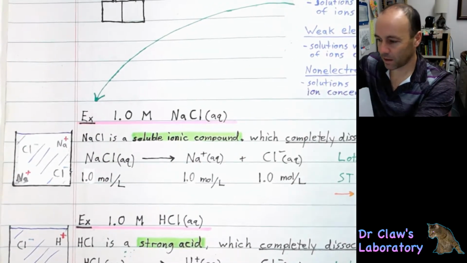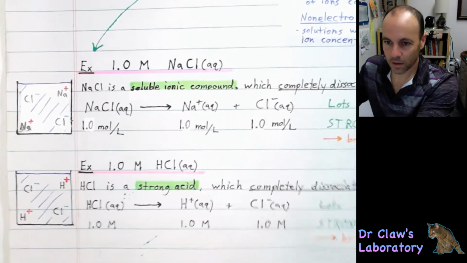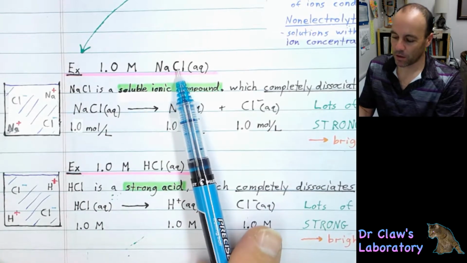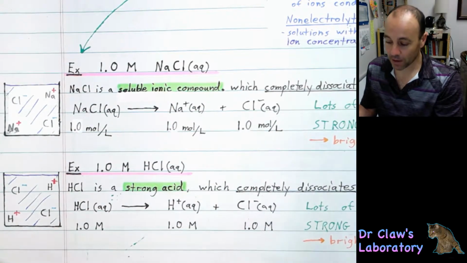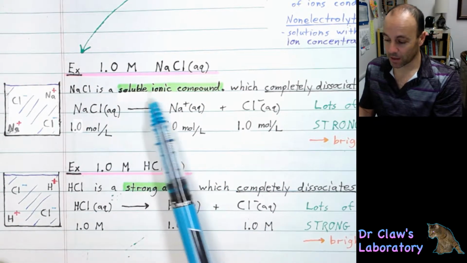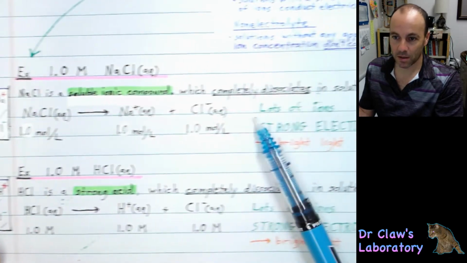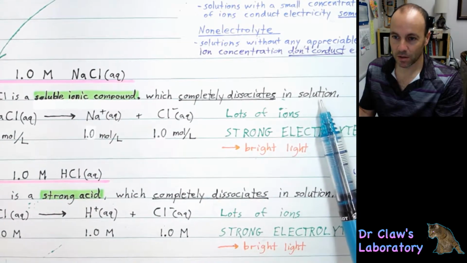Okay, let's see here. So suppose we have 1 molarity sodium chloride. Now, sodium chloride is a soluble ionic compound which completely dissociates in solution.